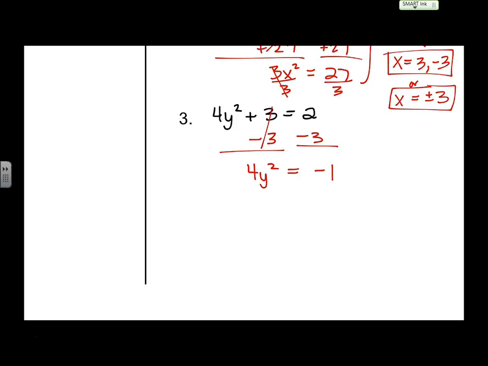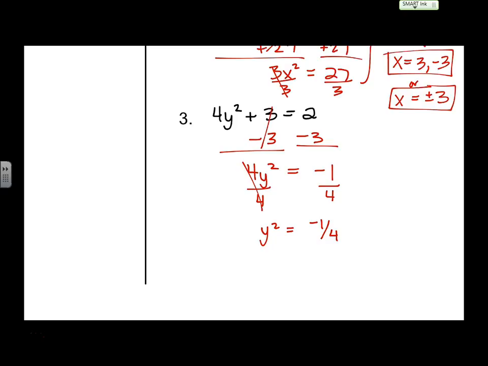Pause, absolutely no talking, absolutely no asking. You can ask this later. Put a question mark if you don't understand. If I divide both sides by 4, we end up with y squared equals negative 1/4. Let me give you a second in case you haven't written this down yet. You guys should be solving with me step by step. Step by step. Okay.